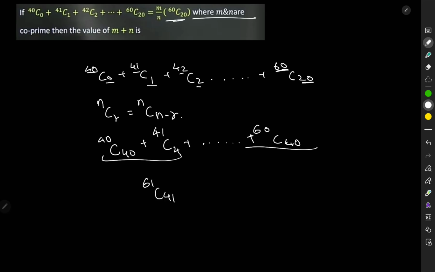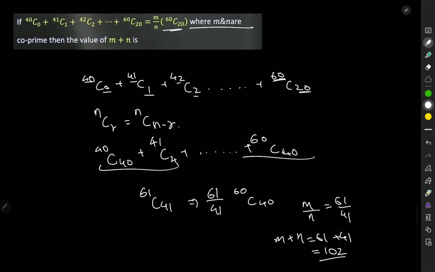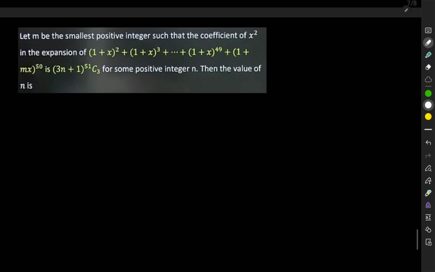We need it in terms of m by n, so 61 by 41 times 60C40, right? So m by n is equal to 61 by 41. M plus n is equal to 61 plus 41, which is equal to 102, right? So that will be the answer for this question. Fine. Try this by yourself.